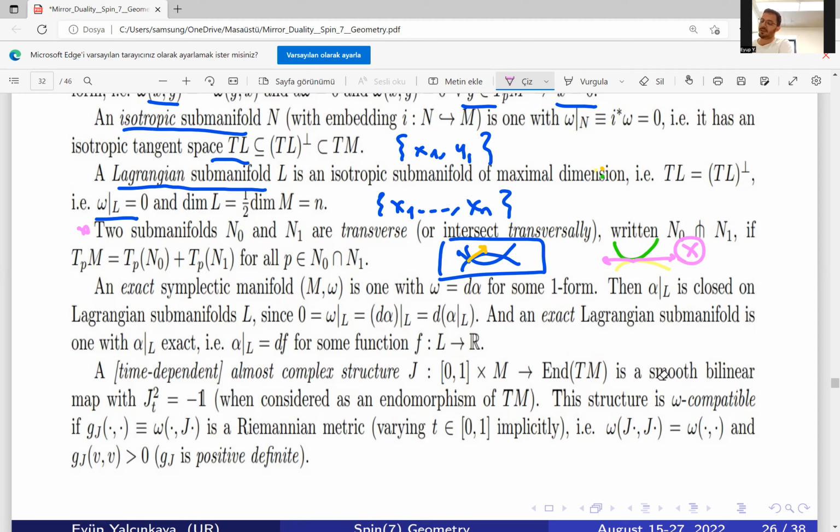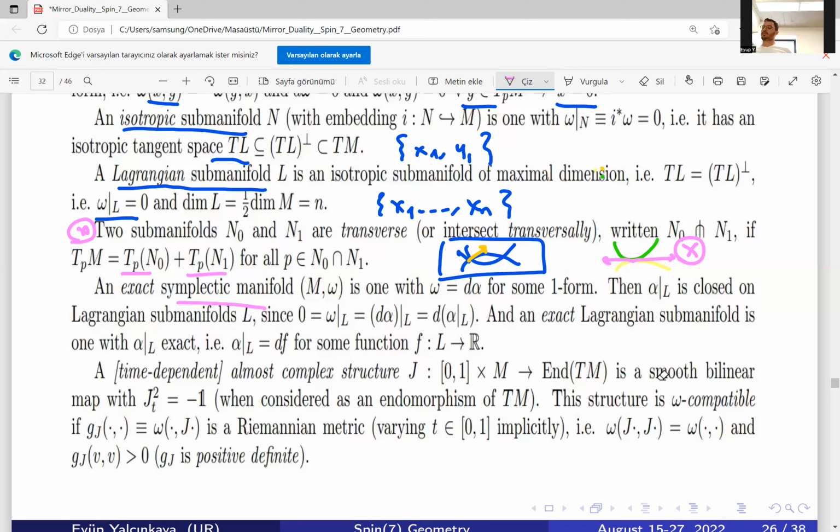That's why we gave this one. We want the submanifolds to intersect transversely, which means the tangent plane of the first one and the tangent plane of the second one together span the tangent plane of the complete space, okay? But if you look at this point, there's no transverse intersection because we missed one dimension in the two-dimensional object, okay?